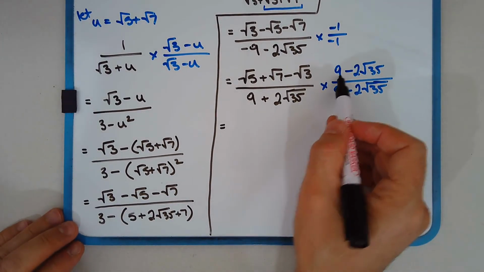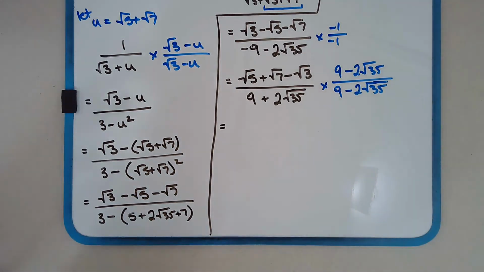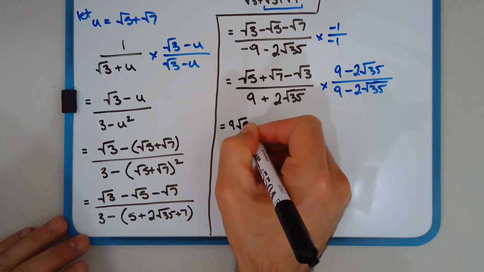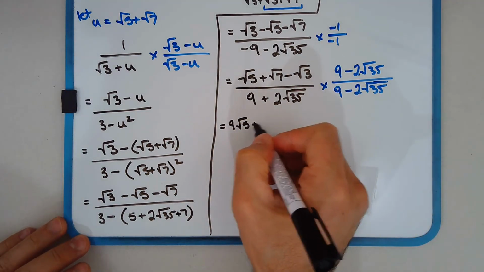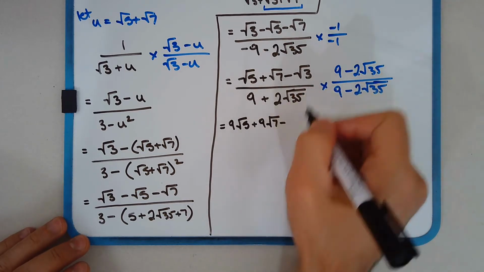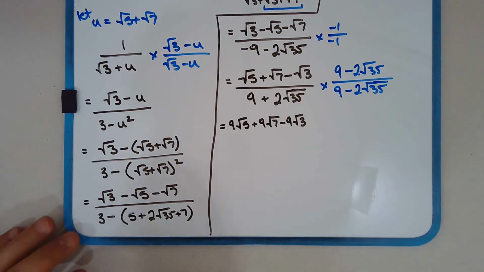Right, so 9 multiplied by all of that, and then hopefully we'll collect some like terms and simplify surds where necessary. So we've got 9 root 5, okay, so hopefully you can read that, plus 9 root 7 minus 9 root 3. Okay, so no surprises there.